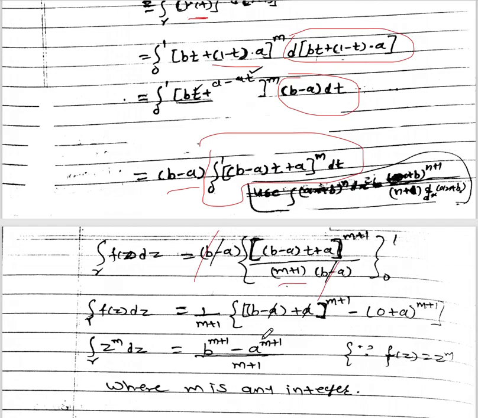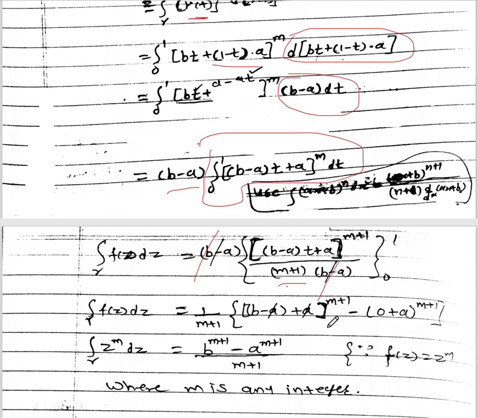So what is remaining? And m plus 1 is a constant term, so we can take it outside of the bracket. So the integral over gamma of f(z) dz equals 1 upon m plus 1 in bracket, and we put the upper limit: b minus a plus a.